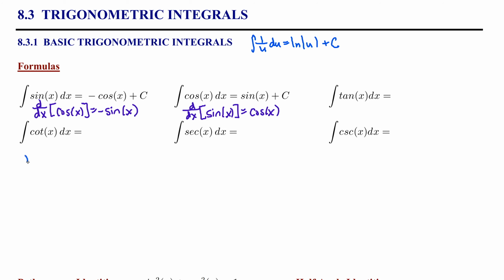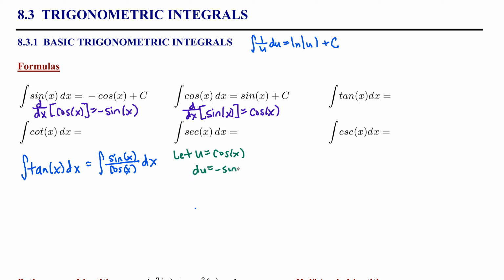Let's begin with the integral of tangent of x dx. Now, we're going to rewrite this function as sine of x over cosine of x. Then we can evaluate this with a u substitution. If we let u equal the denominator, cosine of x, then we can see that du is negative sine of x dx.